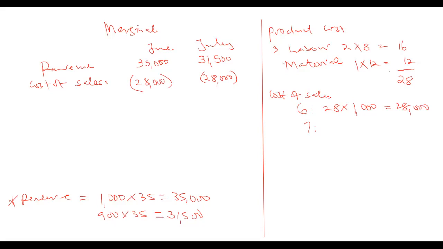Just a minute. This 28,000 is not the cost of sale. It's the cost of the goods that were produced that month. So first we need to get the opening inventory, which was 40 units.